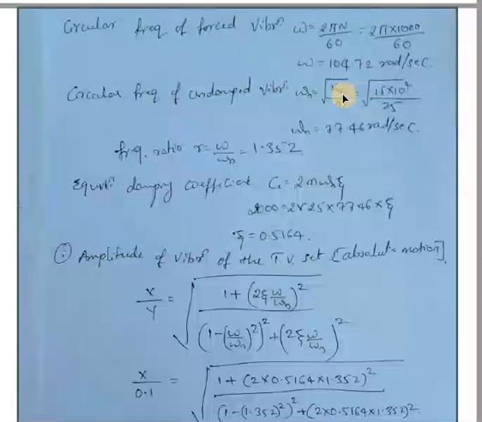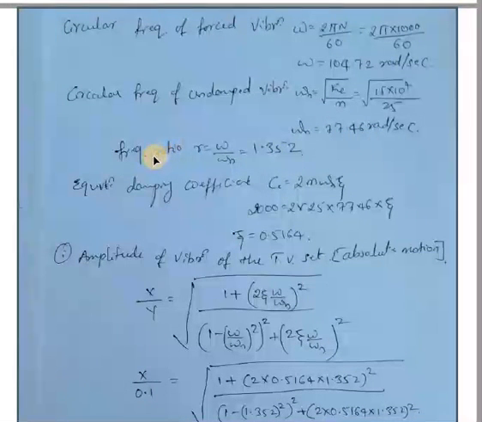In a hurry, don't use only the value of k. We have to be very careful while reading the given statement, whether the number of isolators or the number of springs is given. That care you have to take while calculating the equivalent stiffness. After substituting, you will get omega n as 77.46 radian per second.